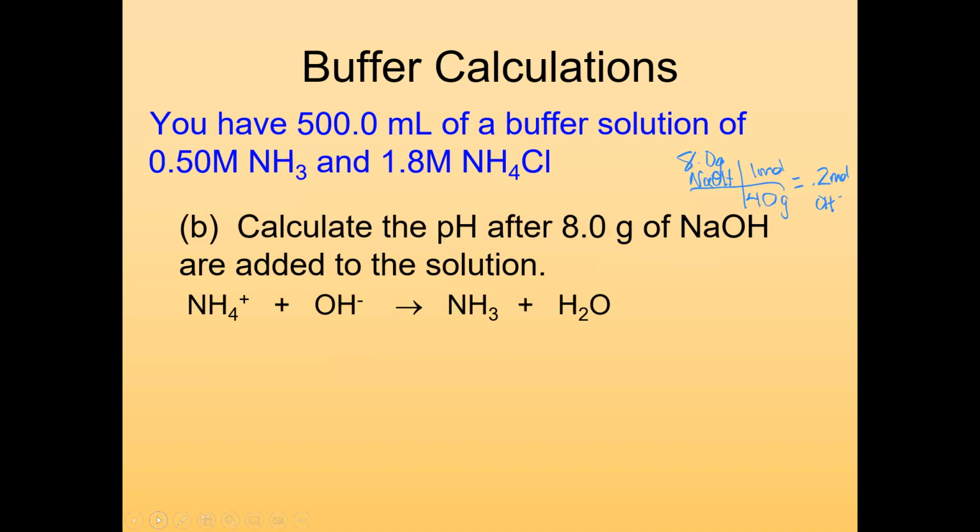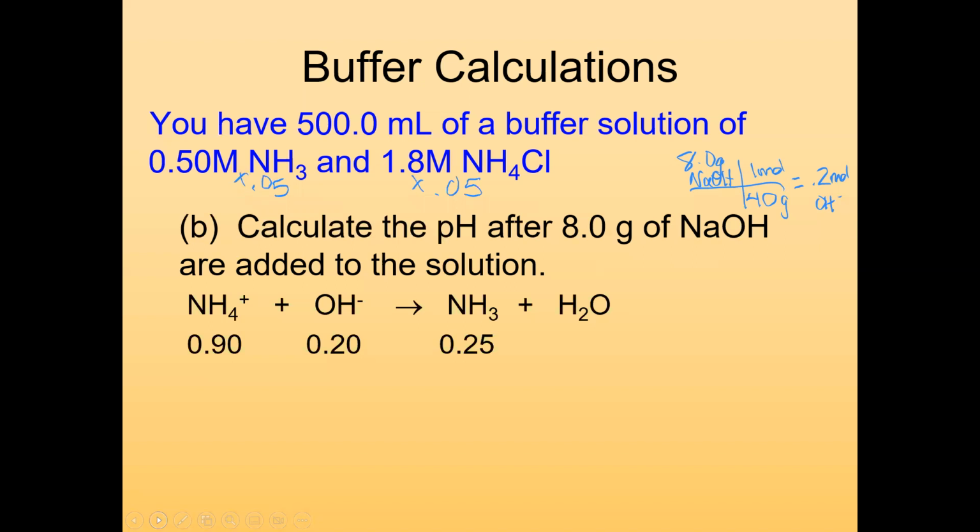We need to plug in moles for both ammonia and ammonium. So remember, molarity is moles over liters, so we can multiply by liters. So multiply by the 0.5 liters to get moles for both. So that means that ammonia, we have 0.25 moles. Ammonium, we have 0.9 moles. And we said there's 0.2 moles of hydroxide.